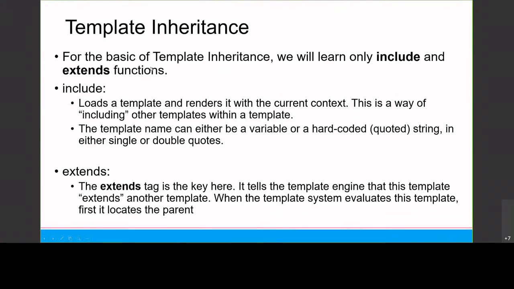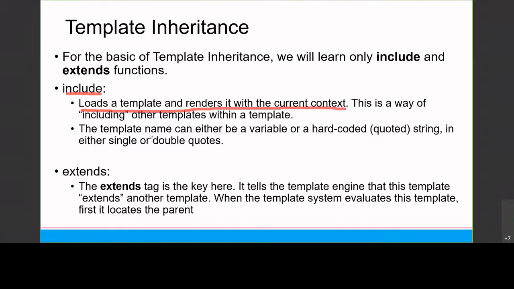For this basic template inheritance, I will explain only two, include and extends. In other explanations, there are many other things that we can learn about inheritance, but I guess learning about include and extends is enough. So include means we want to load a template and render it with the current context.